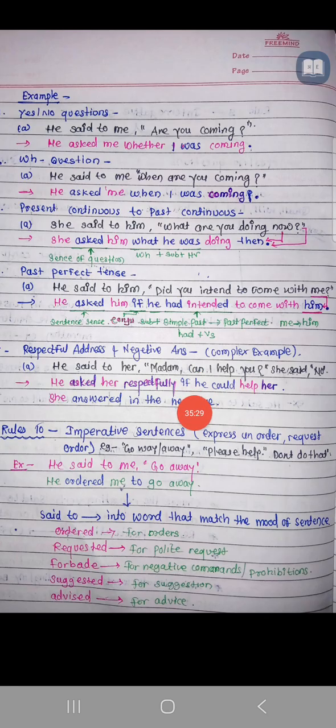Keep in your mind, whenever sir or madam is in the sentence, first we give respectfully, then use the conjunction. Don't use the conjunction before respectfully. It's permanent, keep in your mind. So he asked her respectfully if he could help her. She answered in the negative. She said no, so she answered in the negative. If she said yes, she answered in the positive.